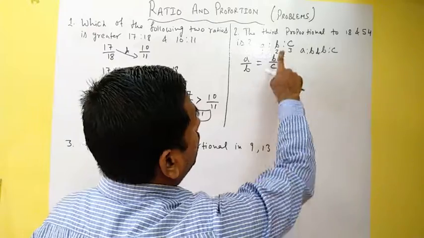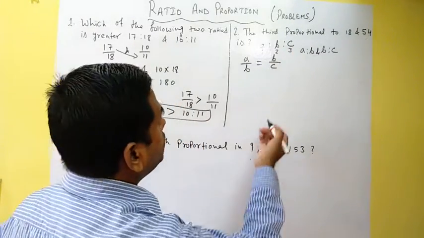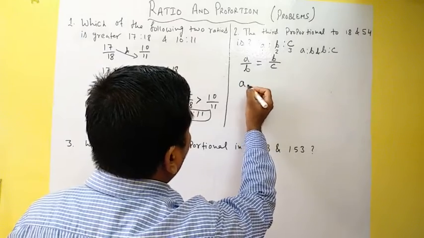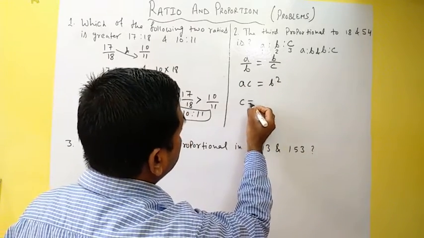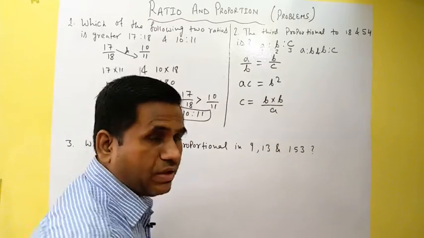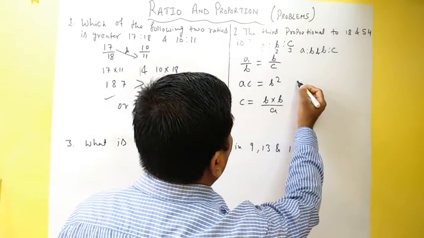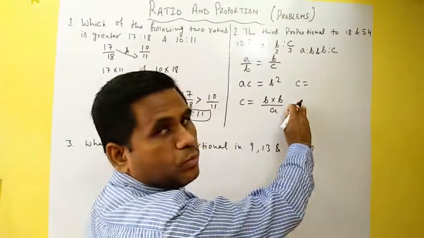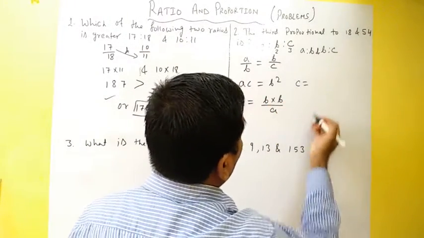Now C is the third proportional, so we have to find C. To find C, we will do the cross multiplication. So it will become AC is equal to B square. That means C is equal to B into B upon A. Using this formula, we will calculate. Here C, which is the third proportional, is equal to B, which is 54.